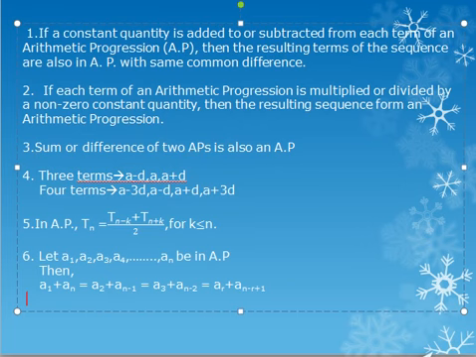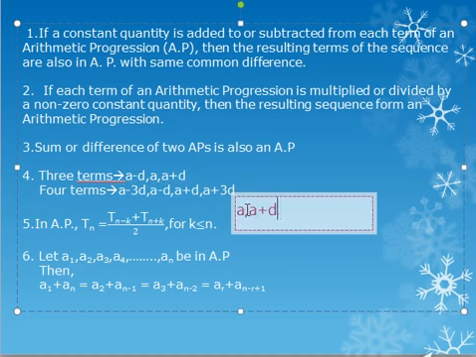Now let's go to the fourth property, and this property is nothing about the topic, but it is helpful for solving problems. Like we are given in the question 3 terms, their sum is this and their product is this. We could take a, a plus d, a plus 2d, but it will be difficult for us, because we have to find a and d.